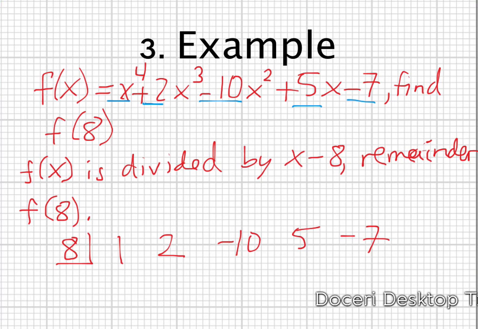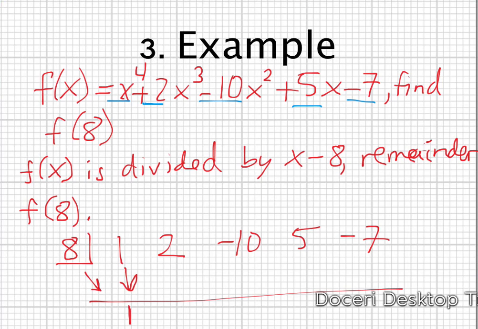Now, one thing you do need to be aware of is if you're missing an exponent, let's say we didn't have the cube, we didn't have 2x cubed, then the coefficient for that would be 0. So you'd have to put a 0 in instead of 2. So again, we bring down the 1. So I have 1 here.